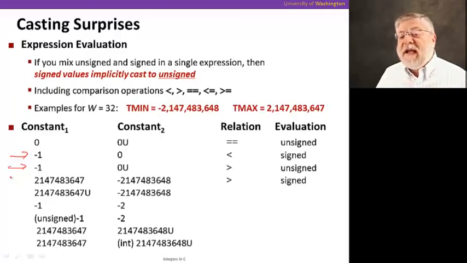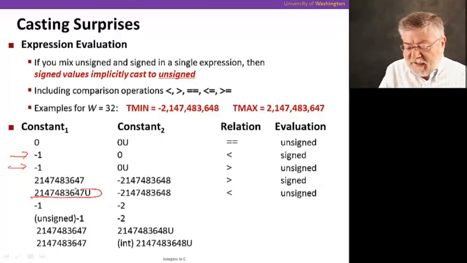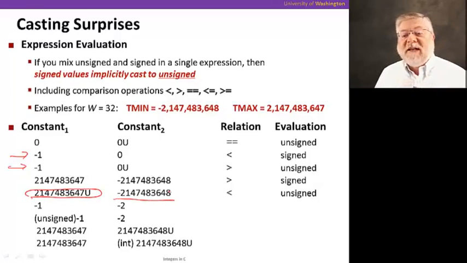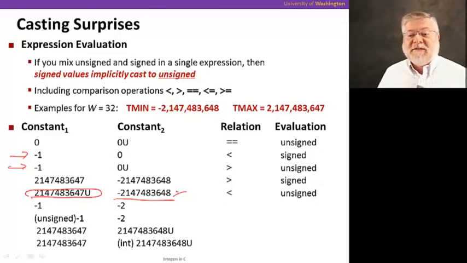Well, that big negative number is also going to be converted to unsigned, and what does it become? It becomes an even bigger positive number. So now the comparison will say that the number on the left, which looks like a positive number, is less than this supposedly negative number. But this negative number was reinterpreted as an unsigned value and turned into a big positive number.